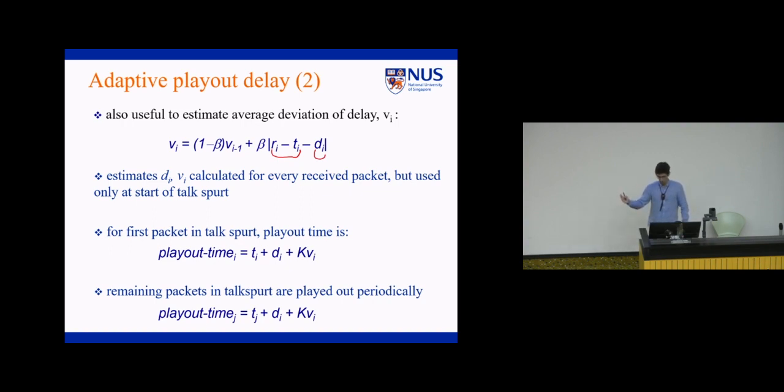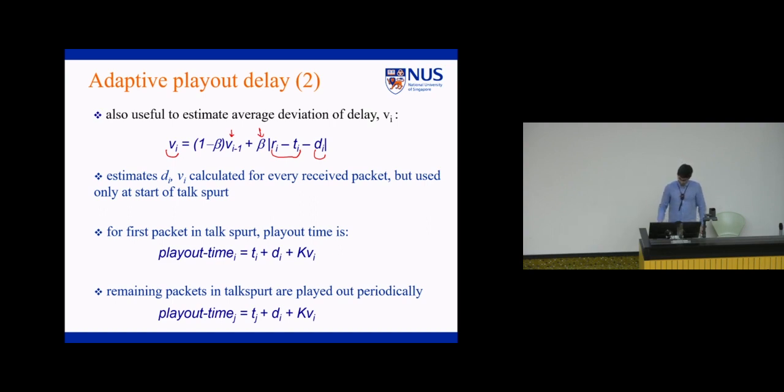If I subtract the expected delay from the instantaneous delay, that gives me my measurement error, my variance in the delay. And I have the same exponentially moving average formula, multiplying with some constant, and also multiplying the estimate of the previous variance with a constant, and I'm using this vi as my estimate of the variance in the delay.